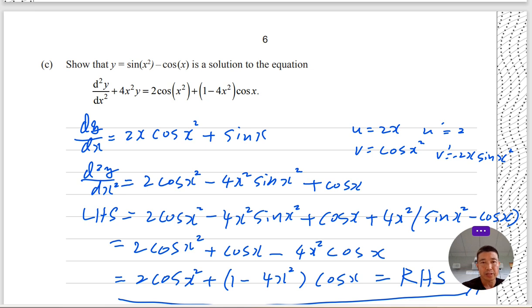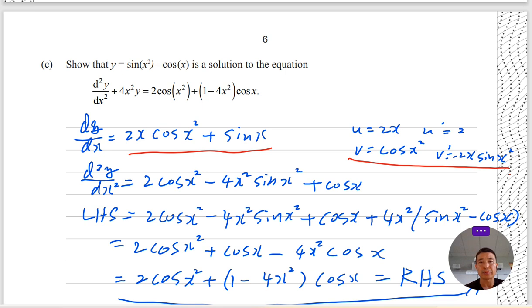So first derivative first. dy/dx gets 2x cosine x squared plus sine x, isn't it? Yeah, because the derivative of x squared is 2x. That's how you get the 2x cosine x squared. And when you differentiate cosine x, you get negative sine x. That's why it's plus sine x.